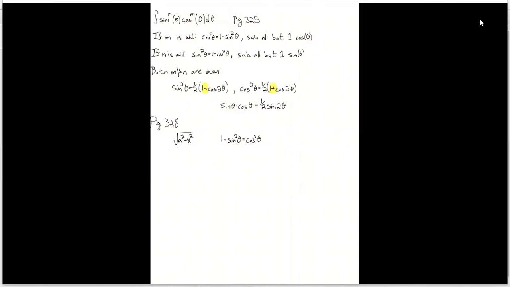But what if we have something along the lines of the square root of our variable first minus the constant? Well, we saw in number 3 that we might want to use something along the lines of secant squared theta minus 1 is equal to tangent squared of theta, right? And that's the substitution that we used in number 3. And then there's a third case here where we have the radical of x squared plus a squared.